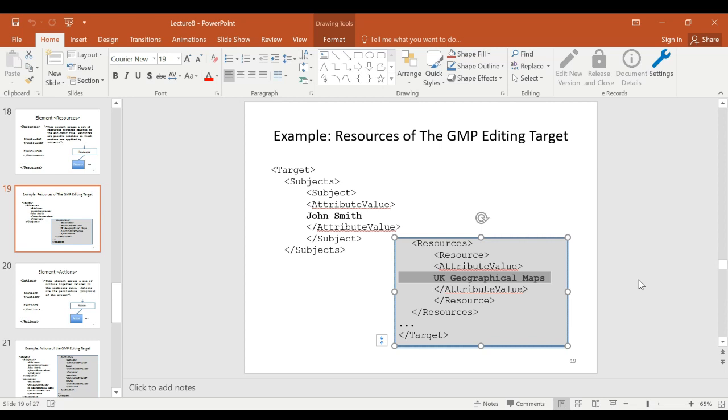Okay, so in this case, we're saying that this particular rule applies to all those instances where John Smith is attempting to access the folder which contains UK's geographical maps. So that's the specific individual resource that we would like to protect. And of course, if you had multiple resources that also apply to the same individual person, that you wanted to protect them from that person, then you would list all those resources under the resources attribute.